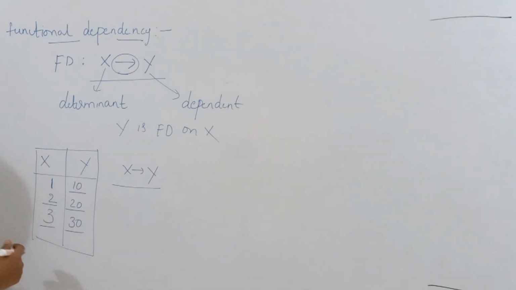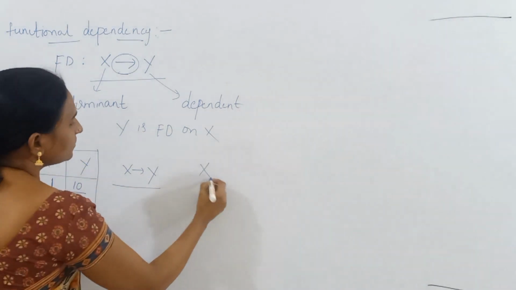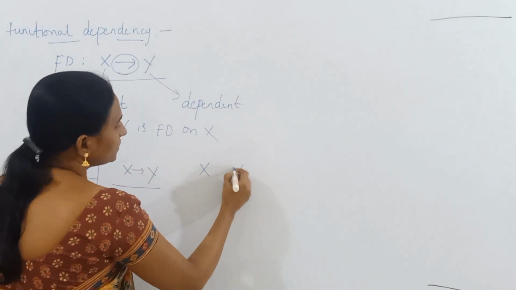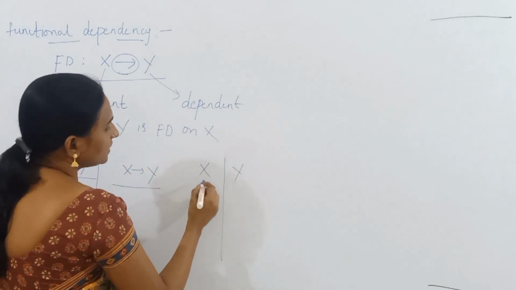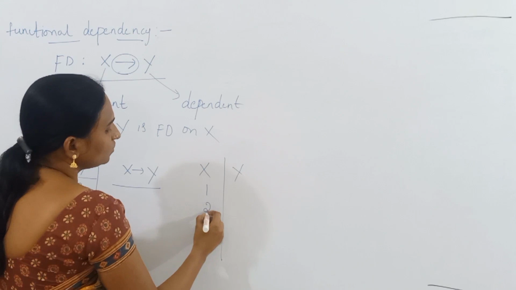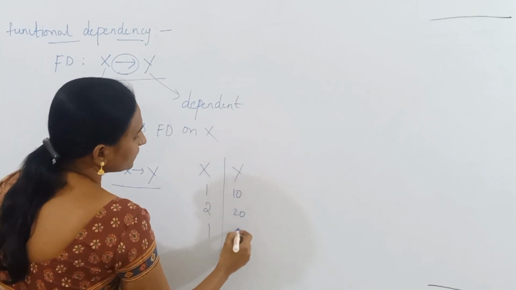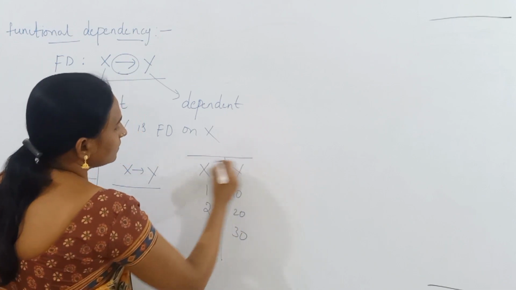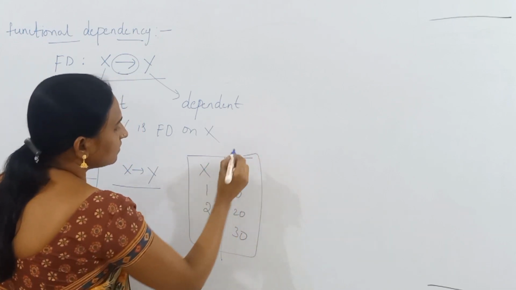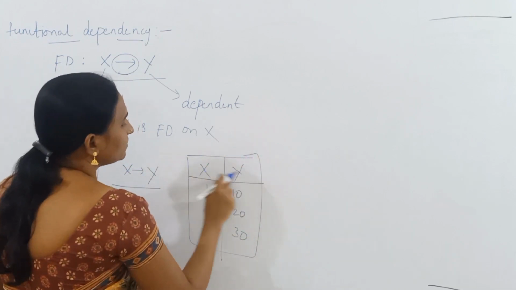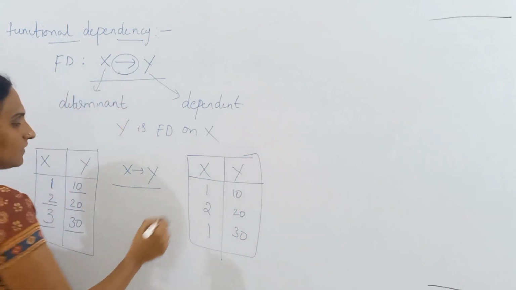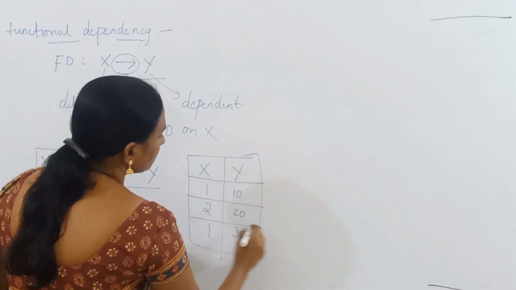So, I am taking another example. This example also consists of two attributes X, Y, but X values are 1, 2, 1. Y values are 10, 20, 30. So, this table consists of two attributes X, Y and 3 records.